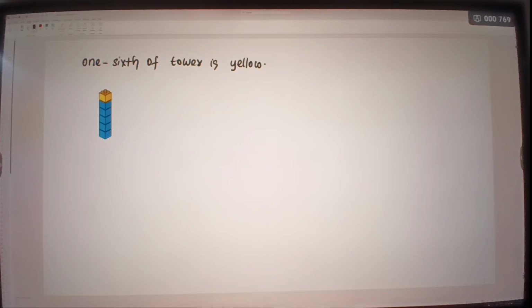Look at this. You can see blocks: only one yellow block and the remaining are colored blocks. So 1, 2, 3, 4, 5, 6: total 6 blocks, and out of 6 blocks, only one block is yellow.